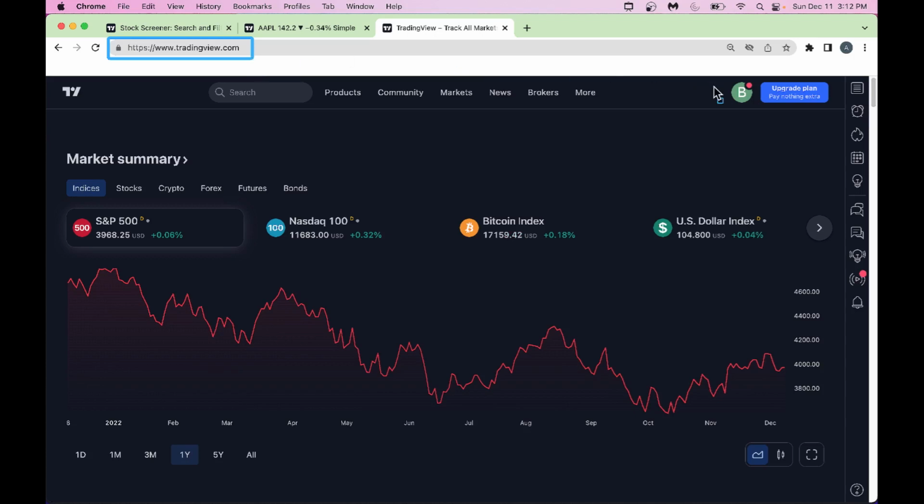Even though I have a pro plan, you can look at what's available in the free plan. And if you're up to it, you can go to the pro plan, which is not very expensive, about $14 per month. Even without a pro plan, you could use these features in the free plan also. So with that, let's jump in and get started.